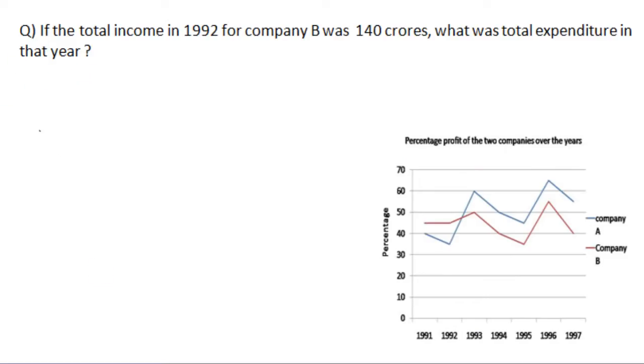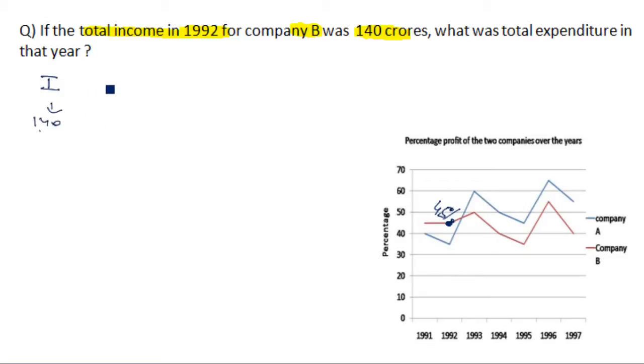Here the question is, if the total income in 1992 for company B was 140 crore, what was the total expenditure in that year? So for company B, that is red, in 1992, this is 45% profit, right? So given is income, that is 140 crore.